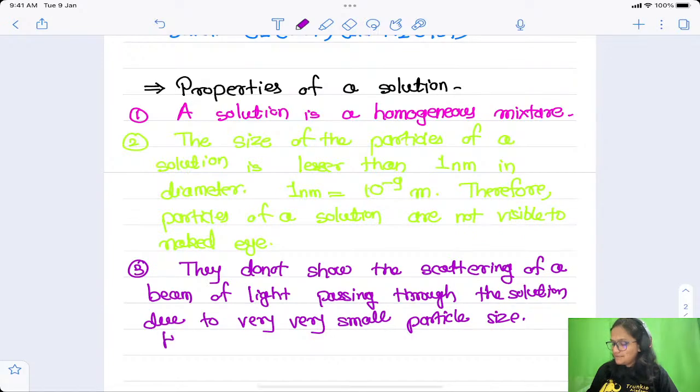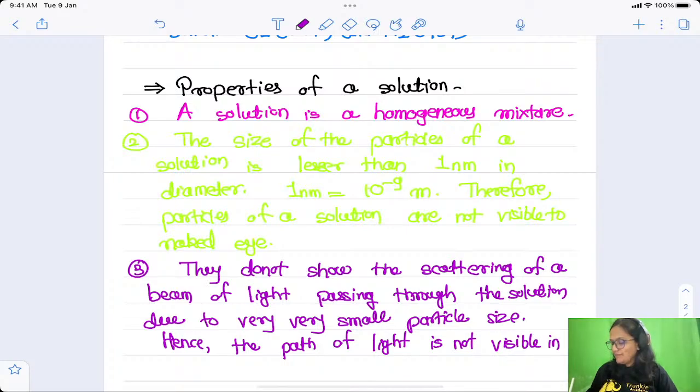Therefore, the path of light is not visible in the solution.